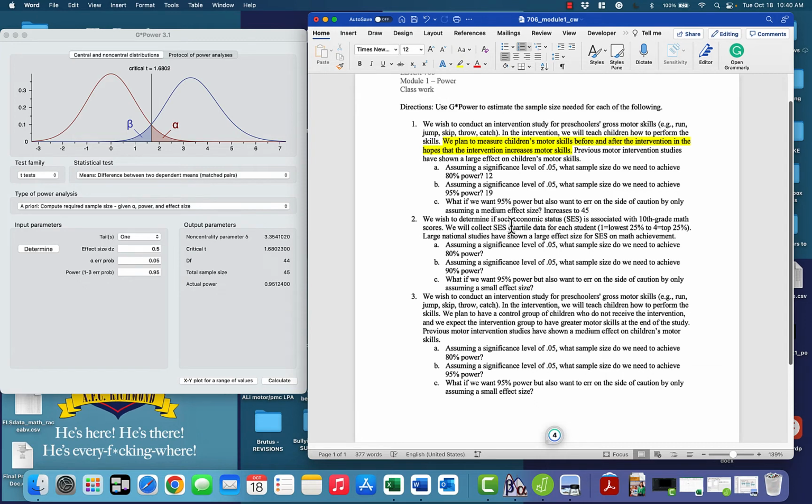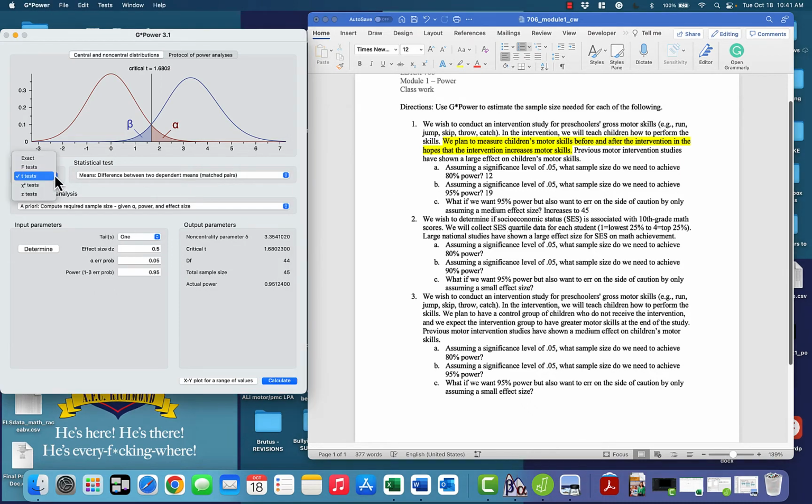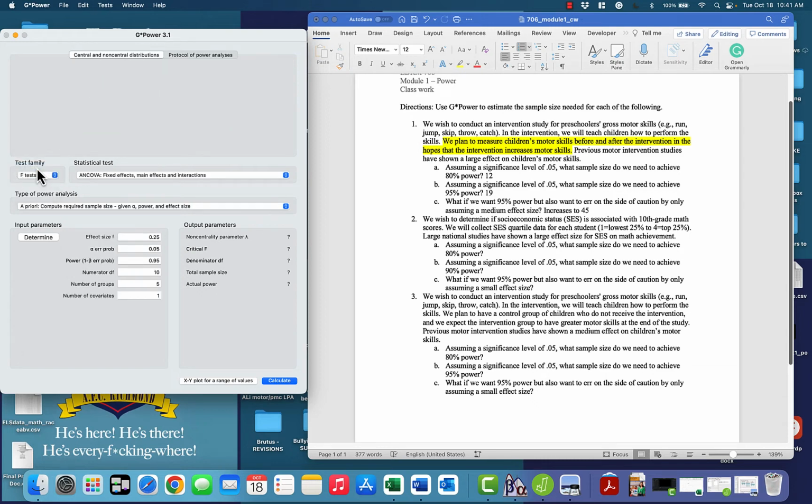So first and foremost, we've got these 4 quartiles, right? The 4 groups, and we've got this continuous dependent variable of 10th grade math achievement. So when we go to test family, is this going to be a t-test or is this going to be an ANOVA? And hopefully, because you see 4 quartiles, you are thinking an ANOVA, and that's an F-test.